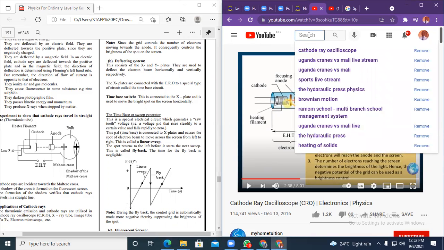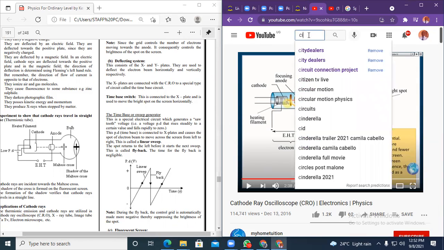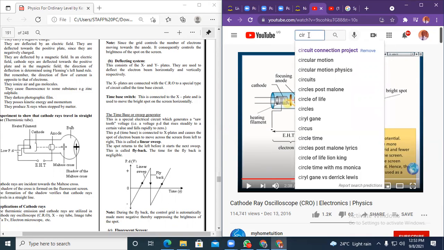Circuit, that's the spelling. So this is a circuit connected to the X plates and is used to move the bright spot left and right, sorry, horizontally on the screen. That is the time base.